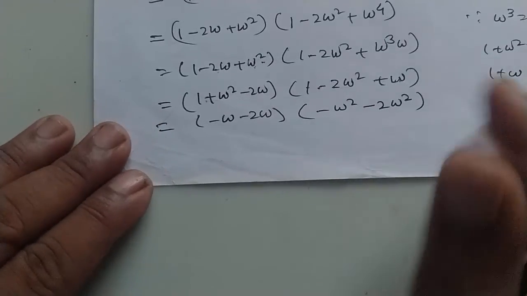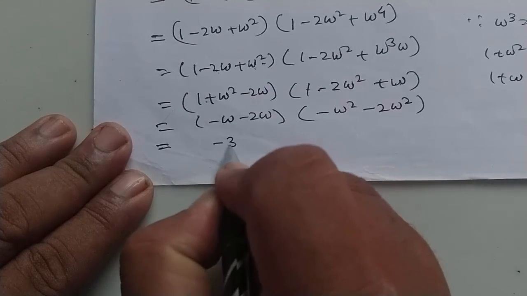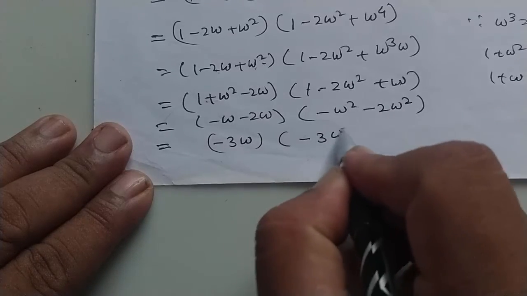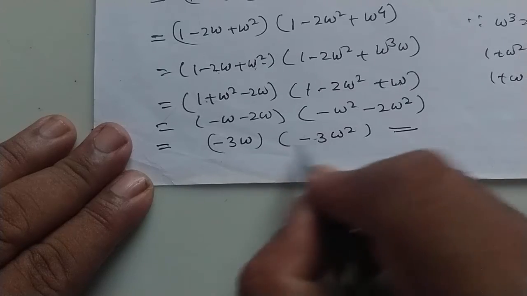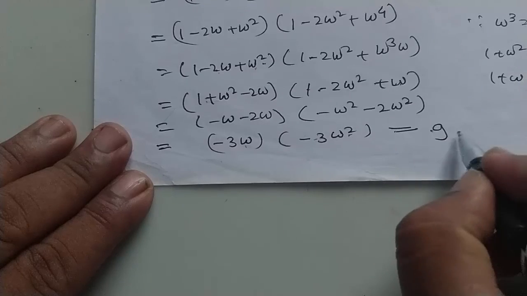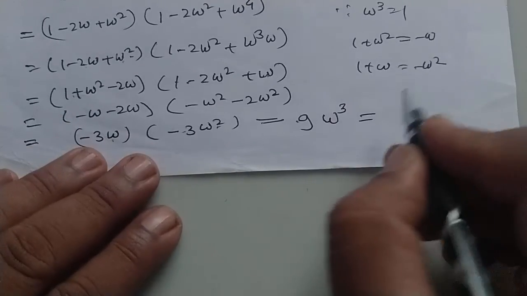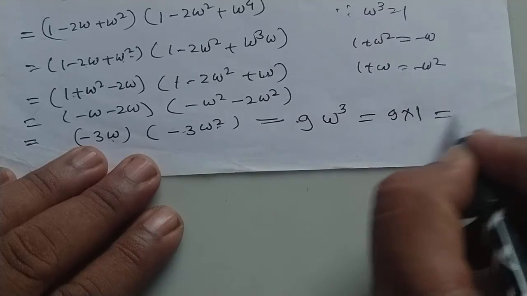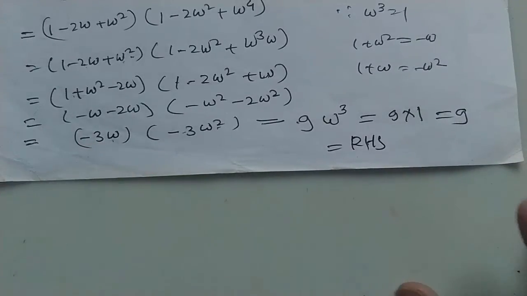Therefore it becomes minus 3 omega into minus 3 omega square, which is 3 into 3 is 9, minus minus becomes plus, so it is 9 omega into omega square, which is omega cube. Now omega cube is 1, so 9 into 1 is equal to 9. This is nothing but RHS. Hence we proved this example.